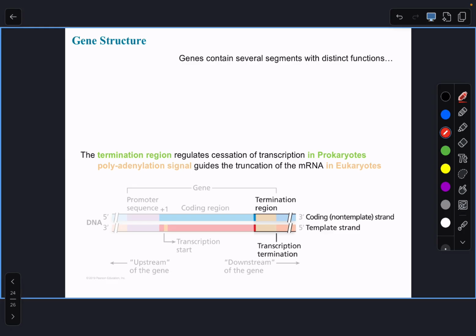No, doesn't work that way. So there's whatever sequence that gets transcribed, and somewhere within that sequence there is a poly-A signal that serves as, as the name indicates, a signal for some enzymatic machinery to come in and do those two things: cut the RNA molecule and add a bunch of A's. Okay? Why cells do that and how they do that, we'll discuss on Thursday.